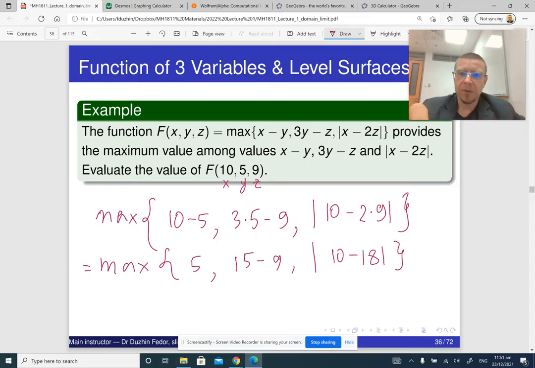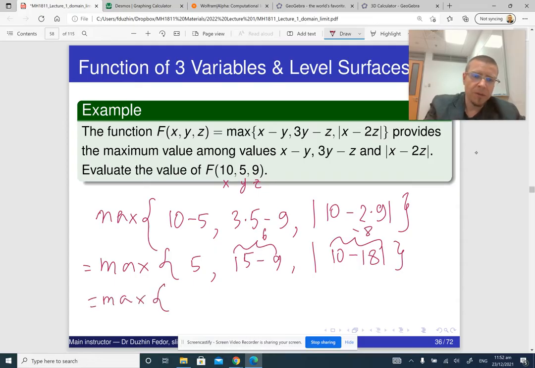Okay, now 15 minus 9 is 6. And 10 minus 18 is negative 8, right? So what we get is the maximum of 5, 6, and the third argument is the absolute value of negative 8, which is just 8.